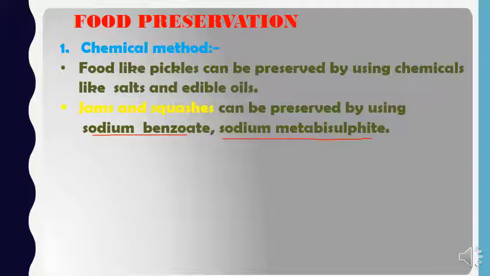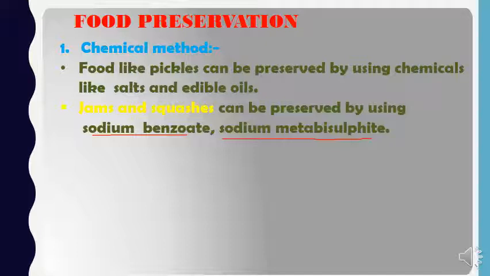If at all you have observed the back of any packaged food items like jams or squashes or any other artificial sugar related things, then you may have seen in the ingredients part some names like sodium benzoate or sodium metabisulfate. And these days the companies are very smart, so they are not actually writing the names, they are writing in form of some numbers like 503 and 402 and so on.